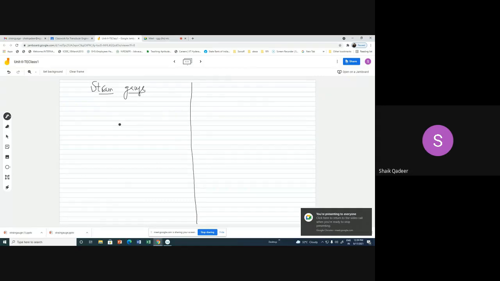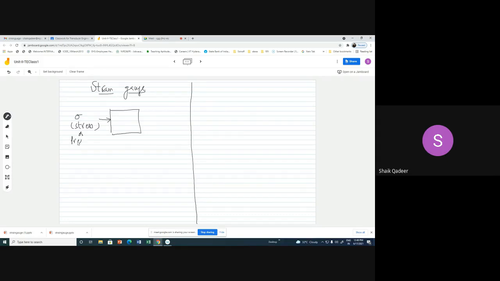It is a device which takes stress, or can also be called pressure, as input and gives strain, which is represented with this representation.